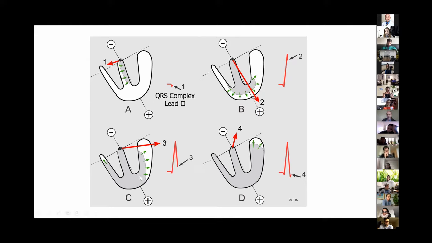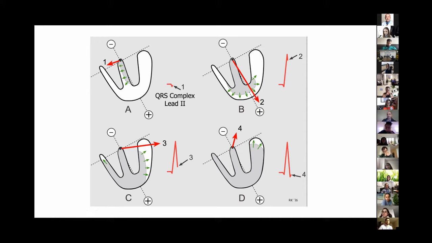You see the arrow slowly going away from the positive portion of this lead, so the R wave is still present, but the deflection is going down. Finally, the last to depolarize are the basal lateral areas, and in those last moments the mean electrical vector goes away, and then you have your S. So this is how a normal QRS occurs.